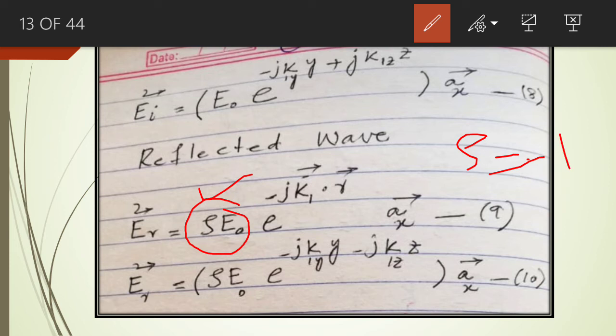So if rho is 1, then the total energy of the incident wave will be reflected back to medium number 1. So rho E naught basically represents the fraction of the amplitude of the incident wave which is reflected back to medium number 1. So rho is known as the reflection coefficient.